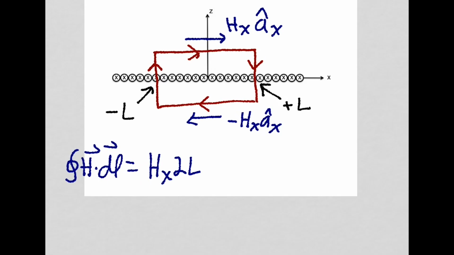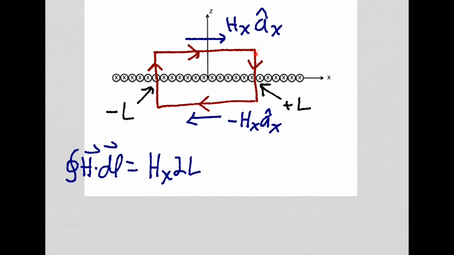As we integrate from here to here, along this segment H is in the A sub x direction, but dl is in the A sub z direction, so that dot product is 0, so the integral from here to here is 0.